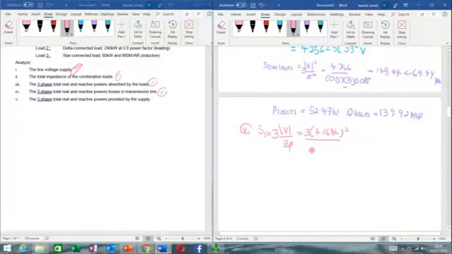Okay, so this one should be 86.452, angle 53.16. So don't forget this one, you conjugate, positive will become negative.